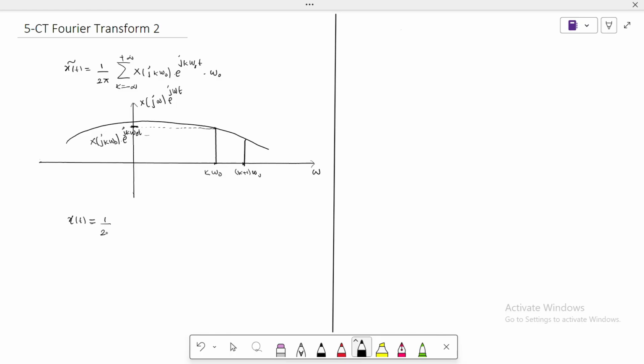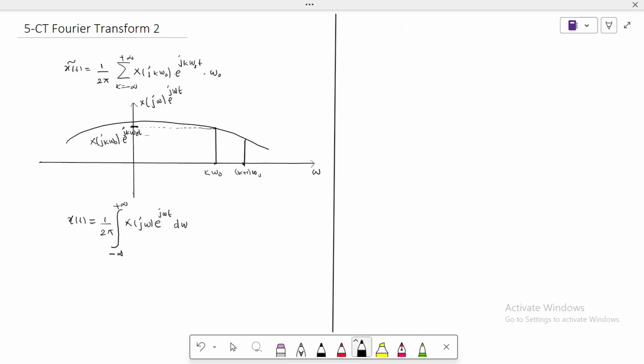So x of t equal to 1 by 2 pi, and the summation becomes the integration between this function and this function with respect to this variable. If you do the integration from minus infinity to plus infinity, that equals x of j omega into e power j omega t with respect to omega.